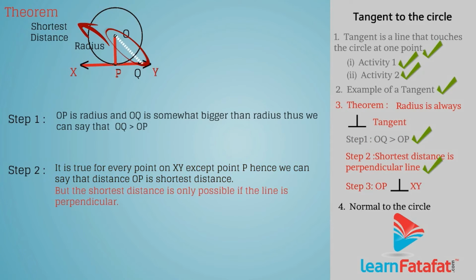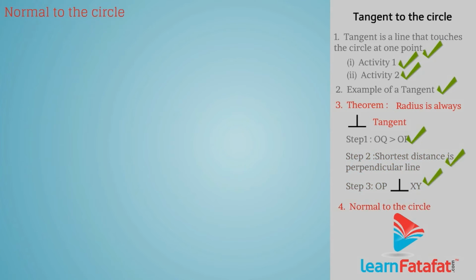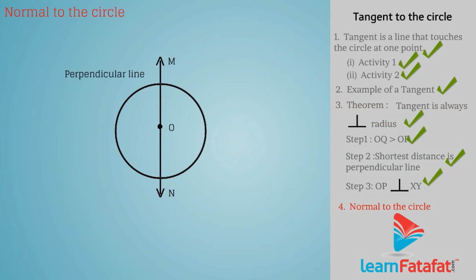But the shortest distance is only possible if the line is perpendicular. Thus, OP is perpendicular to xy. Normal to the circle. The perpendicular line passing through the radius is often termed as normal to the circle at a point.